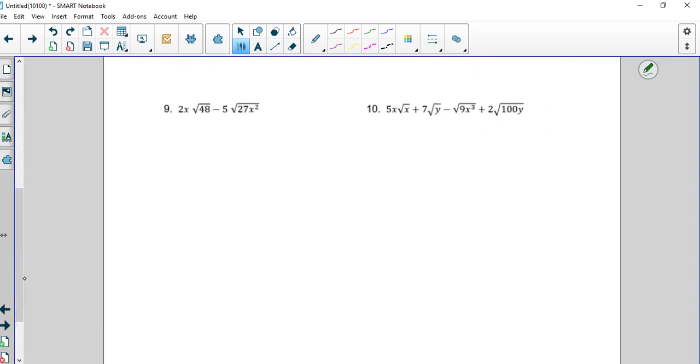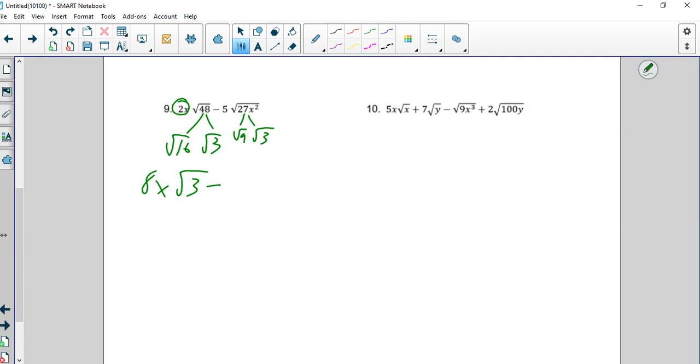2 more. Again, 48 can be broken down into 16 times 3. Yes. Square root of 16, square root of 3. Square root of 16 is 4. Don't forget to multiply here. That's 8x radical 3. Minus radical 9, radical 3.